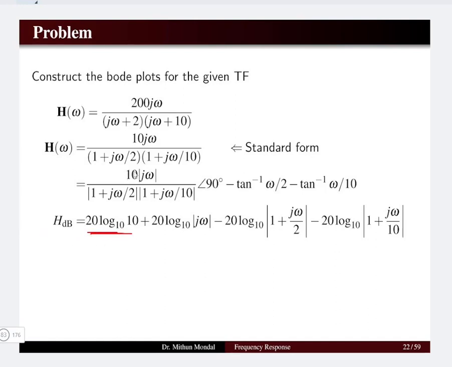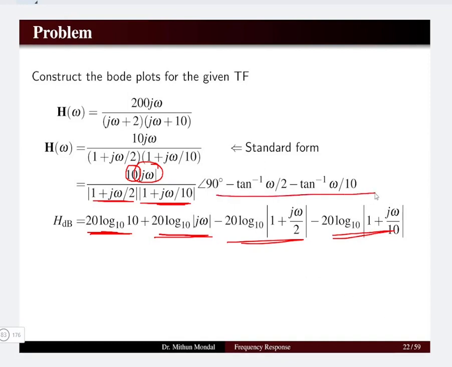Here we have the factor 10, which indicates the gain, so that is 20 log 10. Then we have the factor j omega, which is a zero at the origin, so 20 log of j omega. And then we have the two factors which are nothing but the poles of the transfer function. Those two factors we have obtained by taking the magnitude.